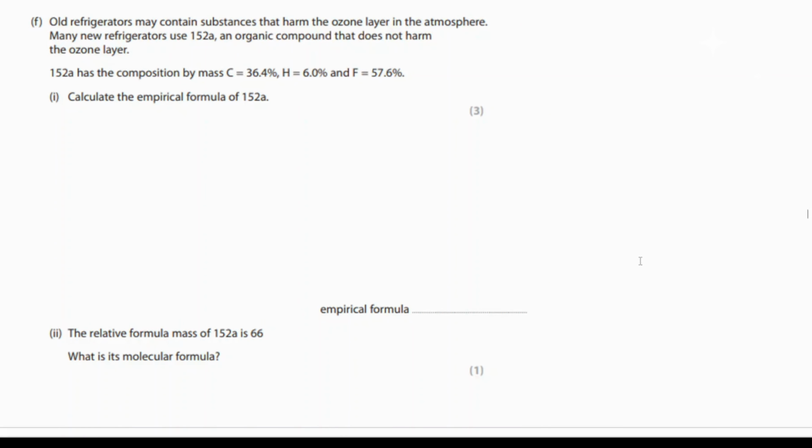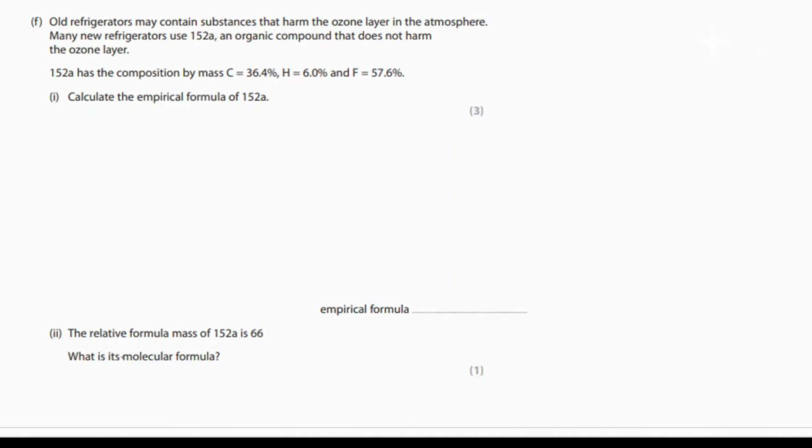Old refrigerators contain a substance that can harm the ozone layer in the atmosphere, while the new refrigerators use 152A. It's a name of a compound, not a mass or anything, it's a name of that molecule. It has 36% carbon, hydrogen is 6%, while fluorine is 57.6%. You need to calculate the empirical formula and then calculate the molecular formula.